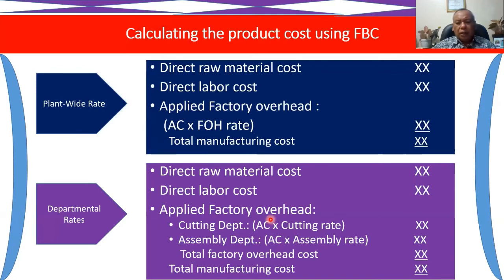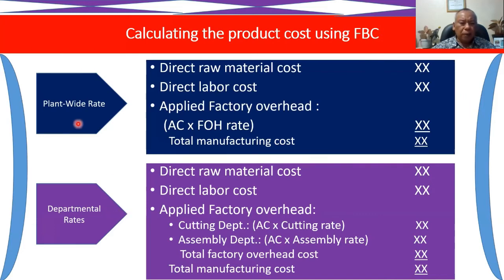Now, what are the differences between functional based costing and activity based costing when we want to calculate the product costs? In functional based costing, we have two kinds of rates, right? Plant-wide rate and departmental rates.